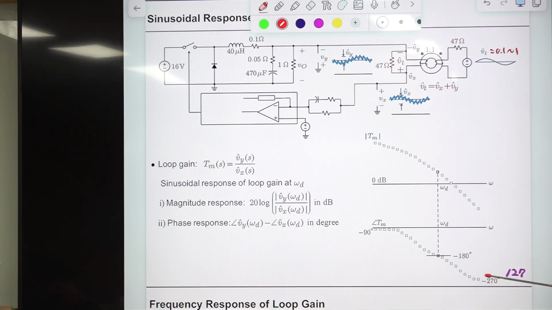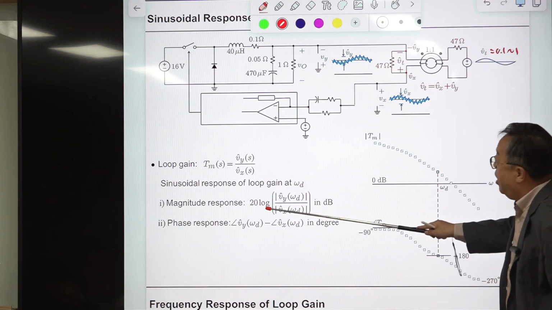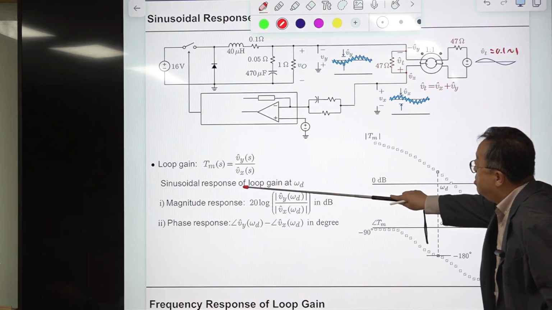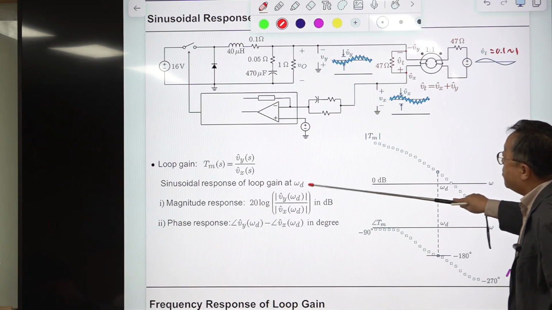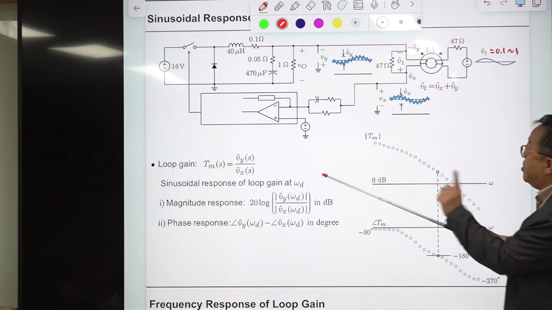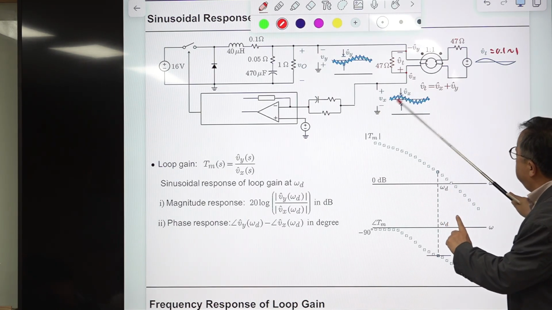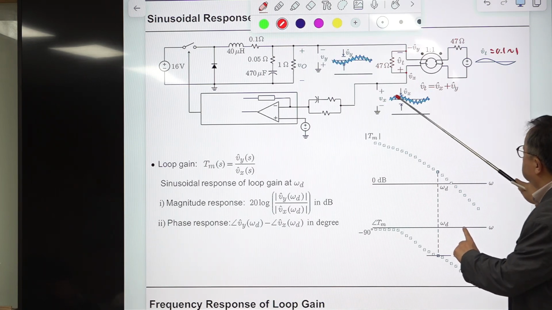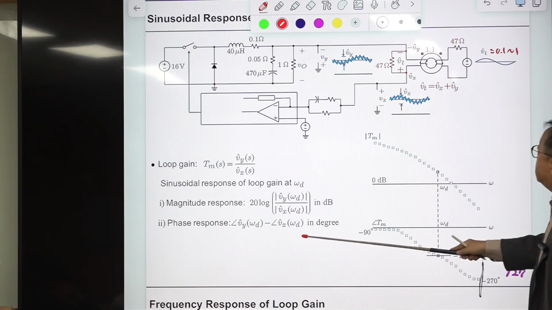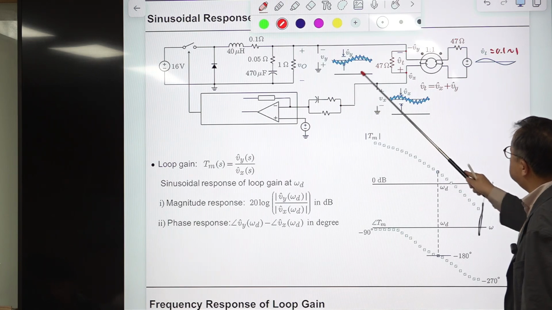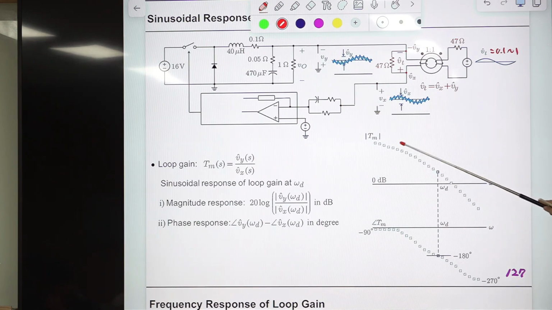So for loop gain measurement, the sinusoidal response of the loop gain at omega d, one particular frequency, the magnitude response is the relationship between the magnitudes of the sinusoidal components, and the phase is the phase difference between this and this. You plot this dot, and at this particular frequency, this is the magnitude response, and the phase becomes this one.